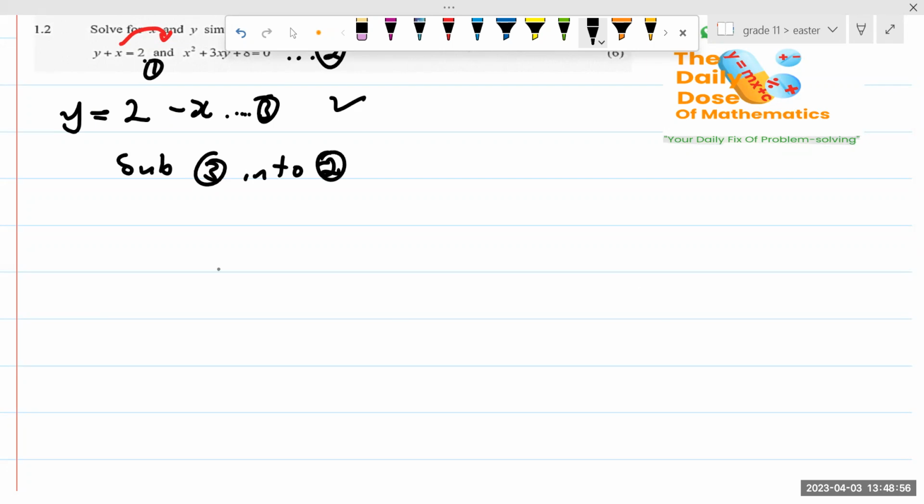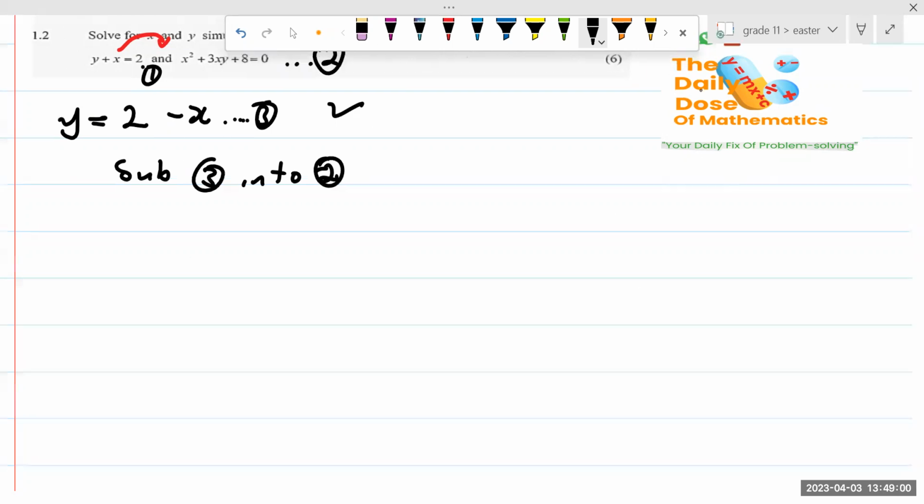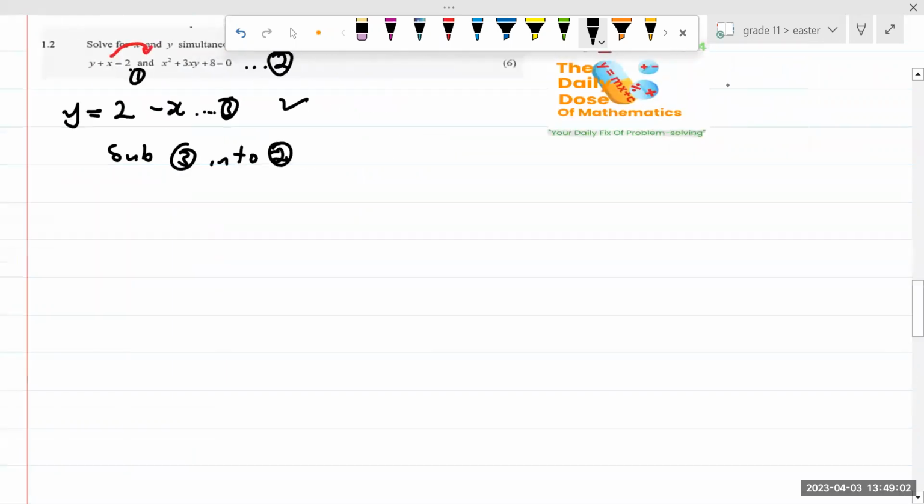Okay, so it means I'm going to check everywhere I have y. Let's check where we have y in equation 2. Do we have y here? Yes. Let me write it here.